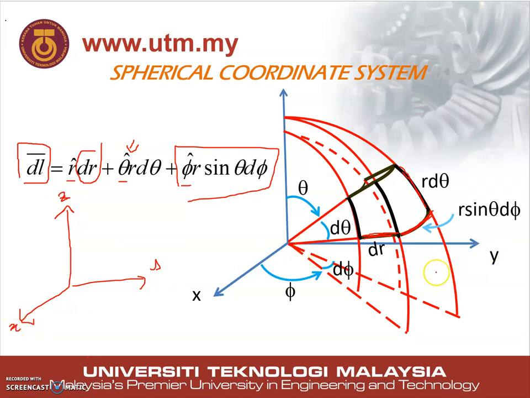We know that this one is dr and this one is r d theta, but how can we know the differential length of this part? We know that dr is the differential of r here, but how can we obtain this one in relation to it?